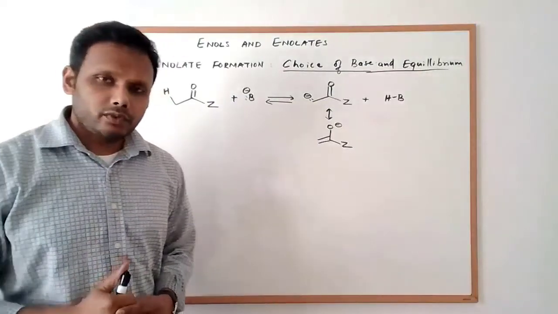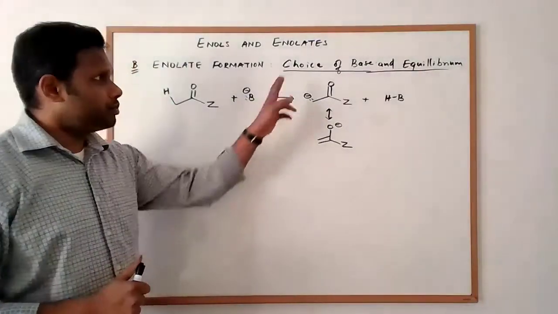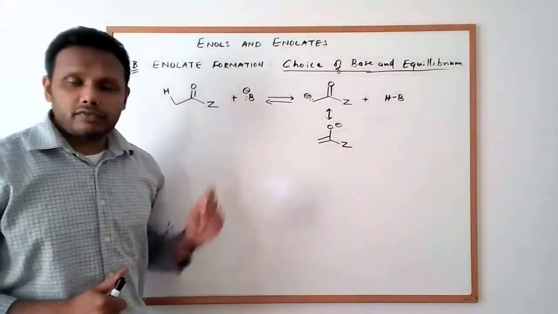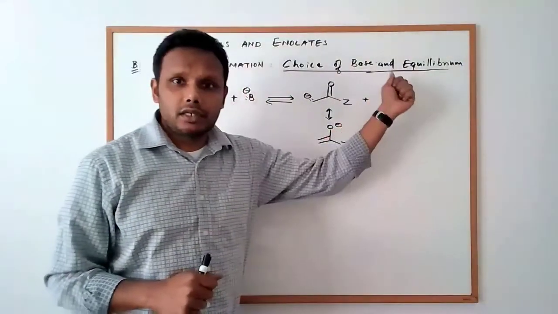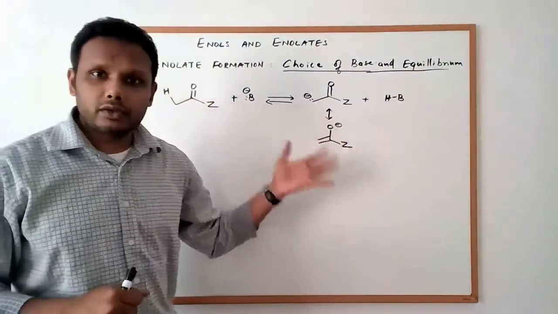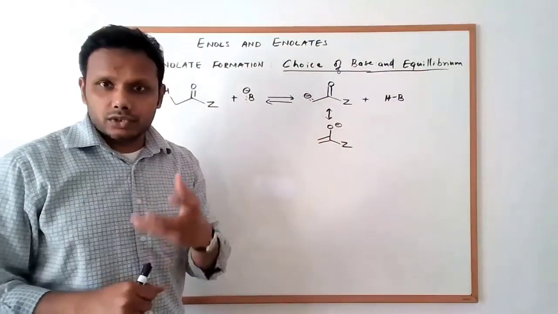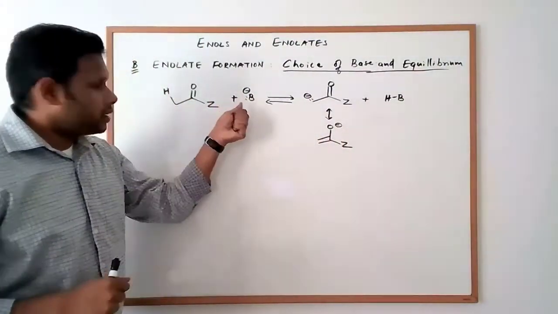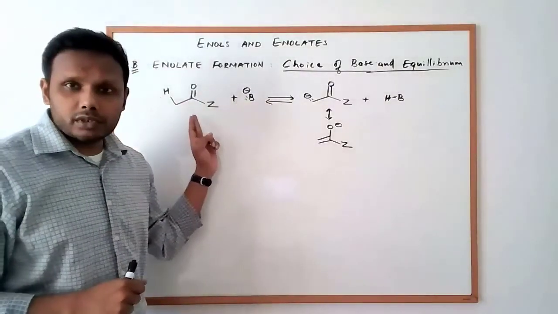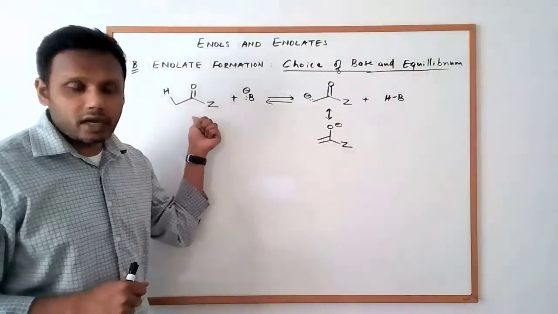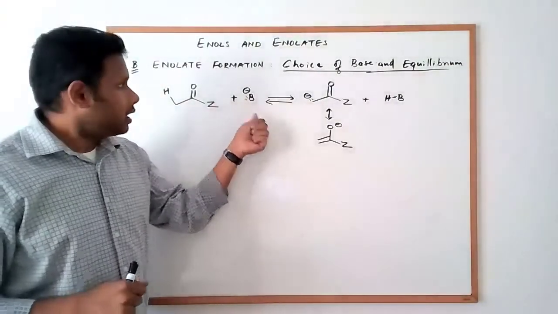In this part of the video, we're going to look at the choice of a base in enolate formation and how the choice of the base affects the equilibrium of enolate formation. Just to review, an enolate is formed when you react a compound containing an alpha hydrogen with a base.